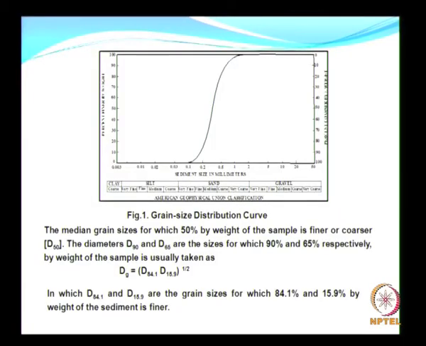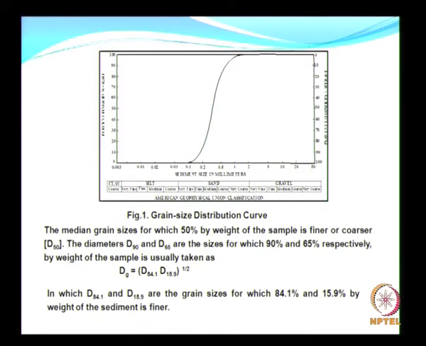So this is the grain size distribution curve. What does that give? On the right side, you see a percentage finer by weight, and on the left side you see percentage coarser by weight, okay.